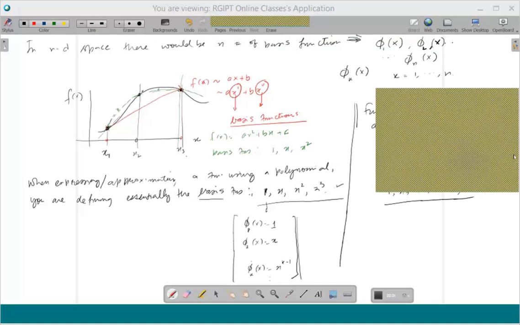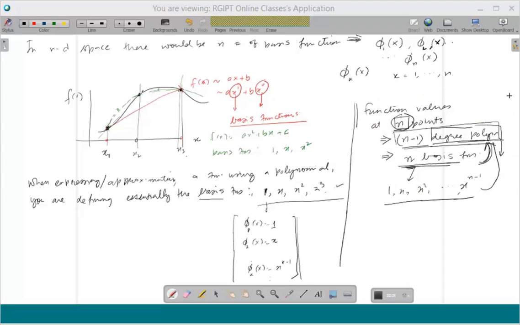So that sorts out the question. Yes, no. Okay. So again, for others who may have this doubt: I have n points, I have n basis functions, there is no confusion about that.